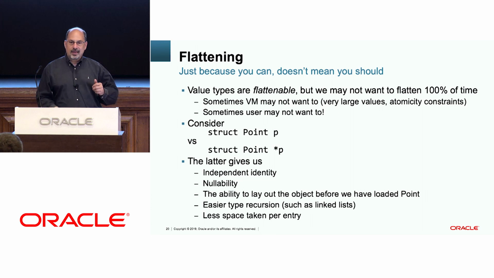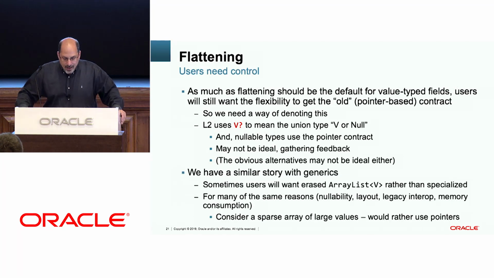I would rather allocate an array of n pointers than 12n individual fields, most of which will be zeros. And so it's the difference between saying struct point P and struct point star P in C, and we think that users are going to want the same flexibility at the use site that they would have in C for this, where we want to have good defaults. We want the default to be flattenable and let the VM use its judgment there, but the users may want to have some control over that.